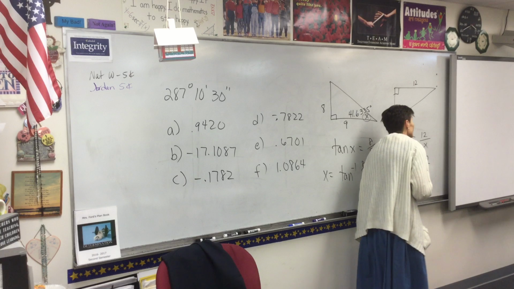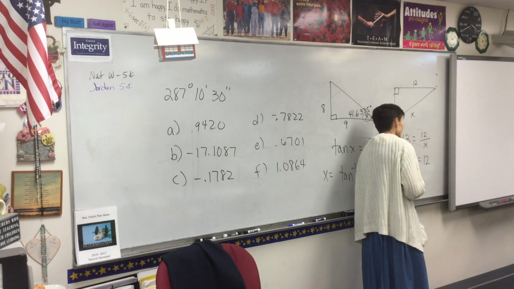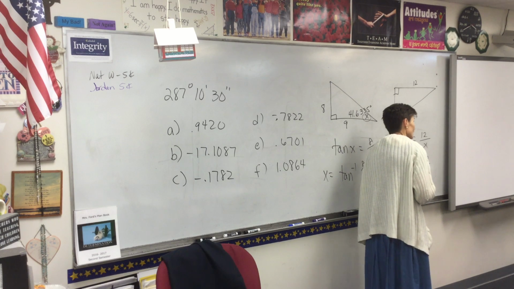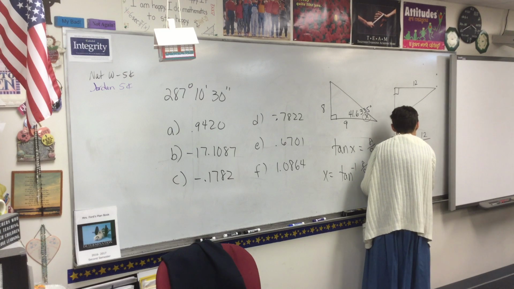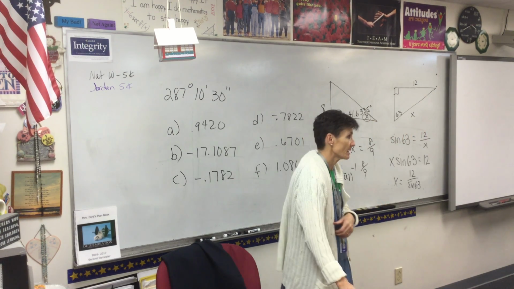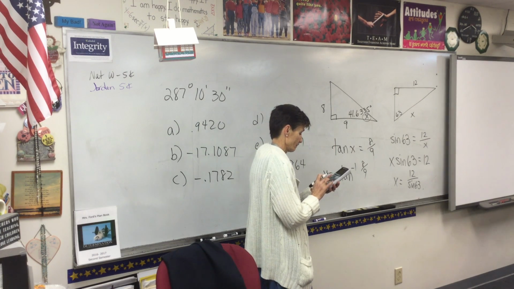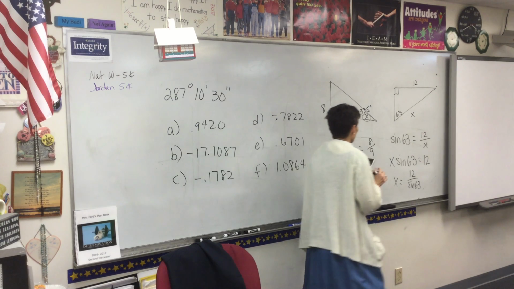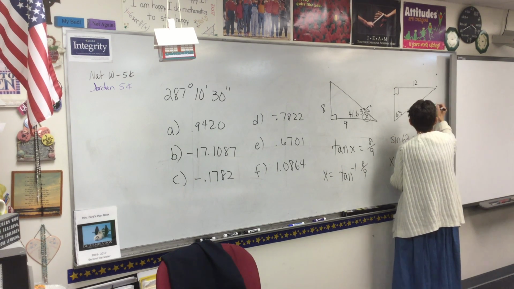No. I can't type an x. What am I gonna type in? I gotta divide by sine 63. That's what I type in. 12 divided by sine 63. So I got 13.4679.